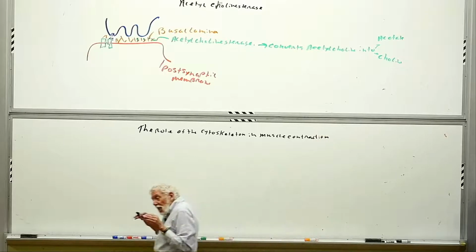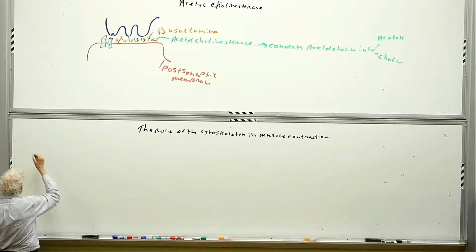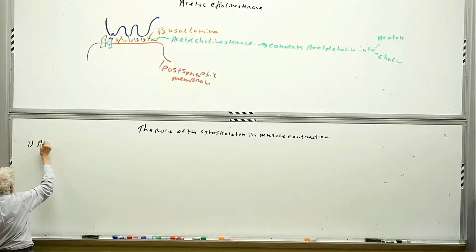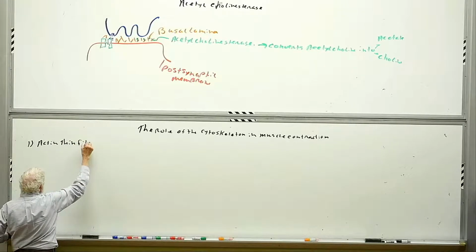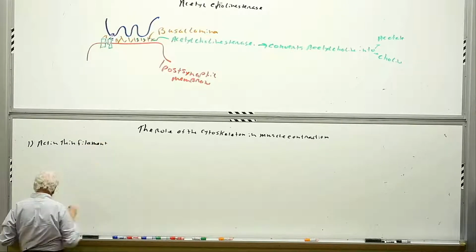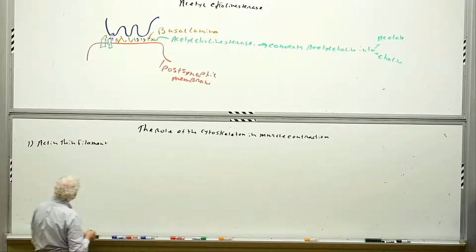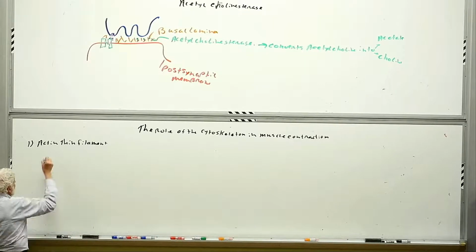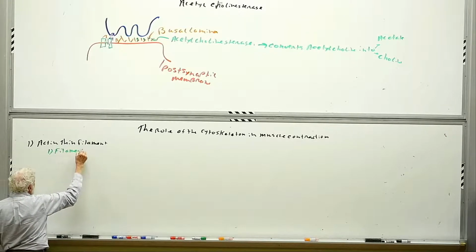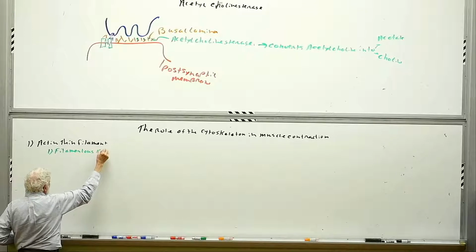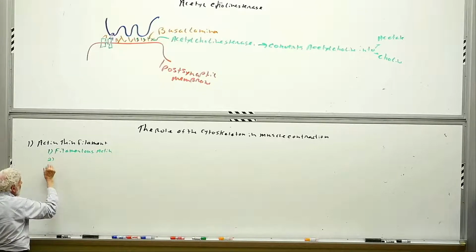Now, when we look at the players in the story, the first player we're going to talk about is something known as the actin thin filament. The actin thin filament has three components. First, it contains filamentous actin. But bound to that filamentous actin are two other players.